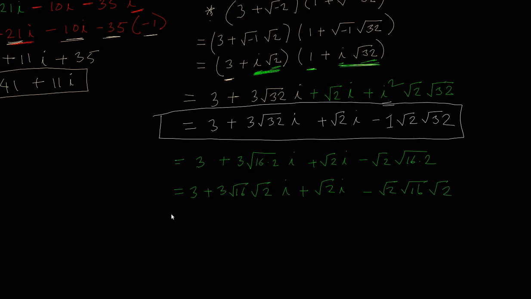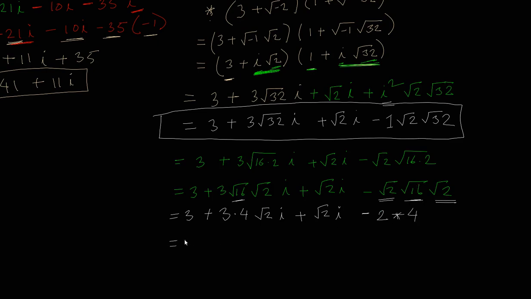Now as you can see, 3 is 3 here, plus 3 square root of 16, and square root of 16 is 4. So 3 multiplied by 4 square root of 2 i plus square root of 2 i minus square root of 2 times square root of 2 becomes 2, and square root of 16 becomes 4.